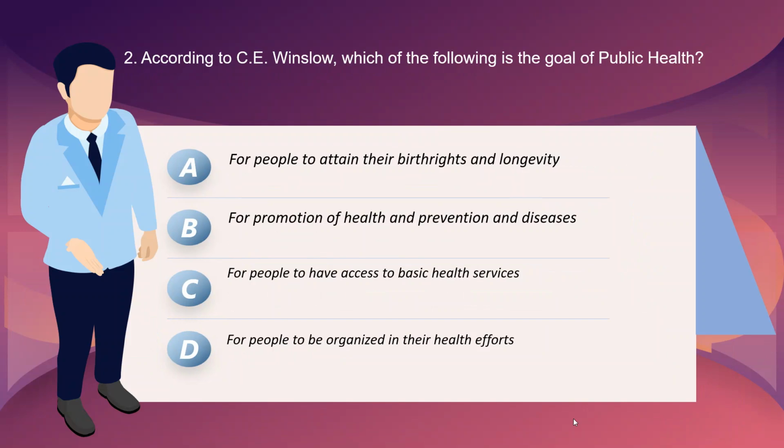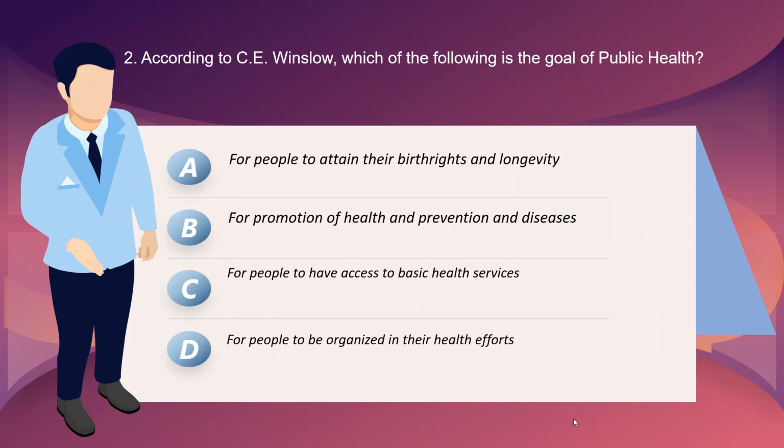Of course, we know that C.E. Winslow is one of the fathers of public health, and his focus is on making sure that people achieve their birthrights and, at the same time, longevity. This was a classical definition of C.E. Winslow since 1920, ensuring that each citizen can realize his individual birthrights and longevity.